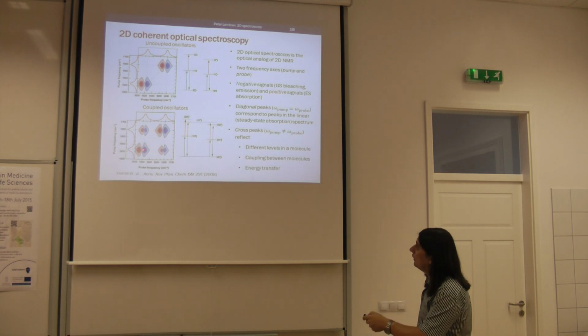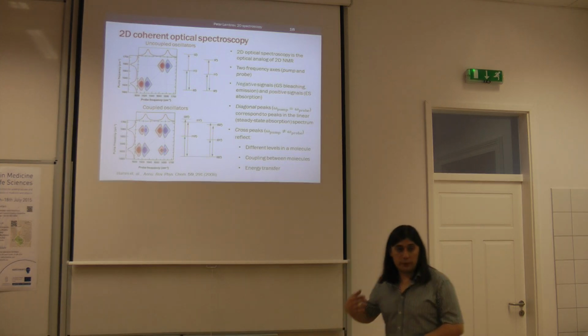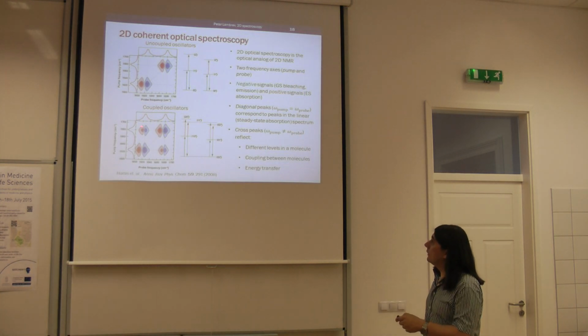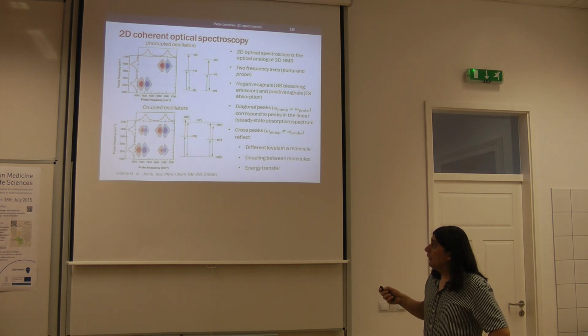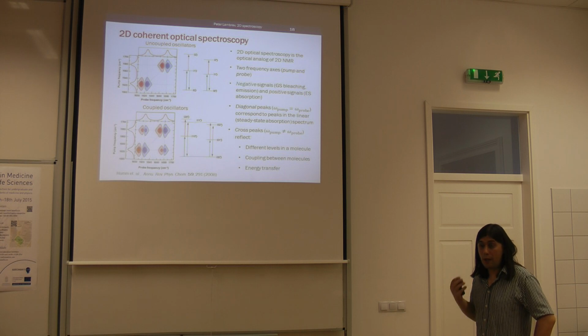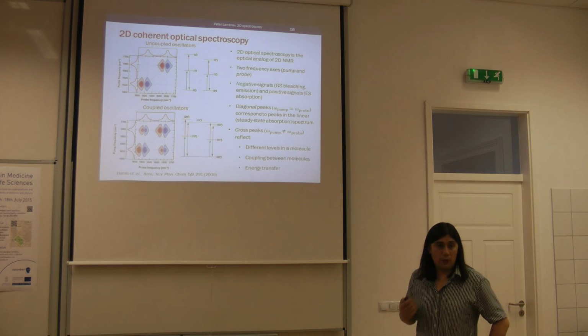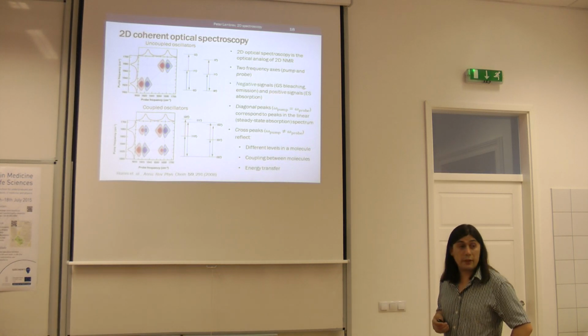And in this case, it doesn't matter if you excite one or the other, you will always see the signal at the corresponding coupled partner's frequency. So you can tell from here, the 2D spectroscopy gives us information about which molecules are coupled together, which molecules can transfer excitation energy to each other.